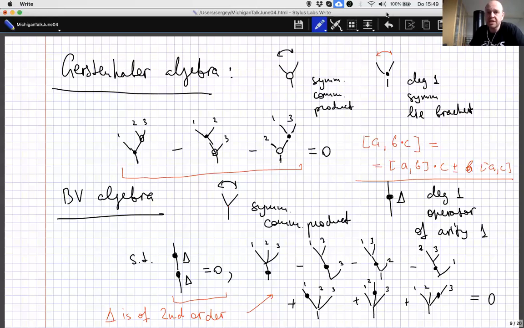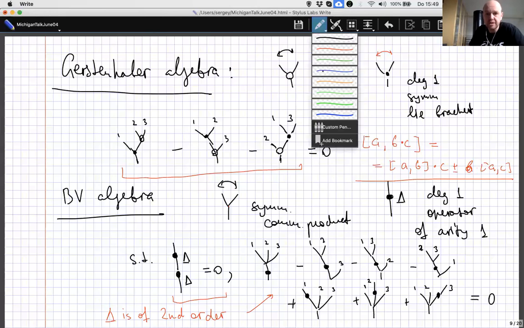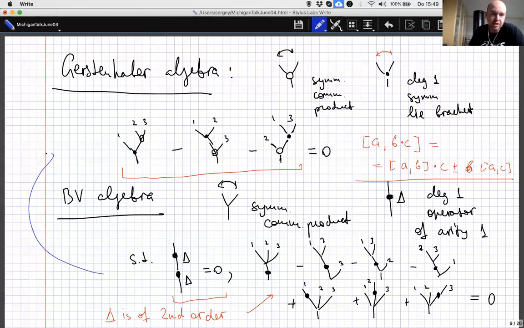So that's maybe, yeah, so I wanted to say it here, but now let me, so the point is the following. Whenever I have a BV algebra, I can consider the following new operation that I would denote like that. I would denote it on the one hand like this, and I just want to say that this is a sort of commutator of my commutative associative product with delta. So I would do like that.